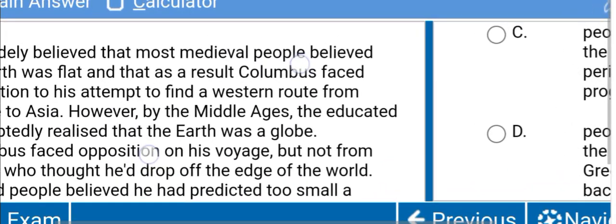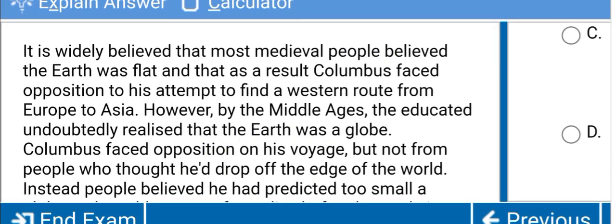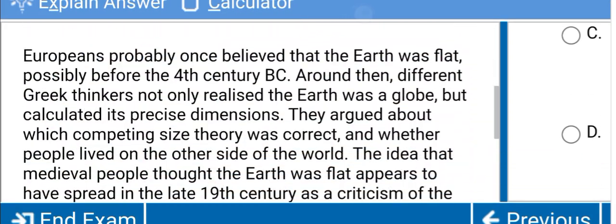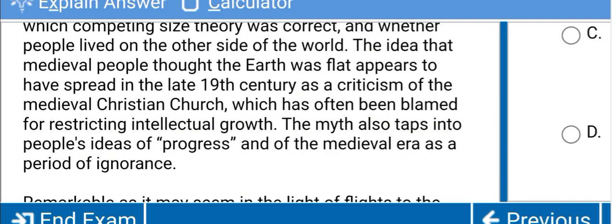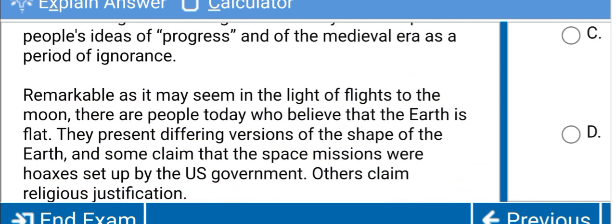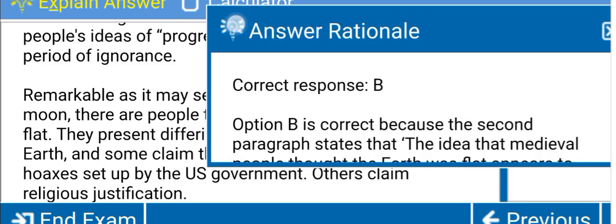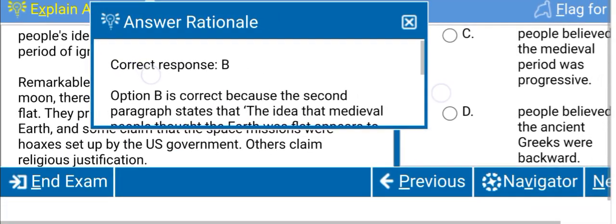And here we have again the same passage that we had in the last question, so you can take a look at these paragraphs also. Okay, so option B is the correct response.